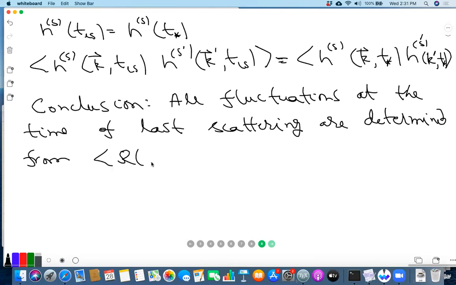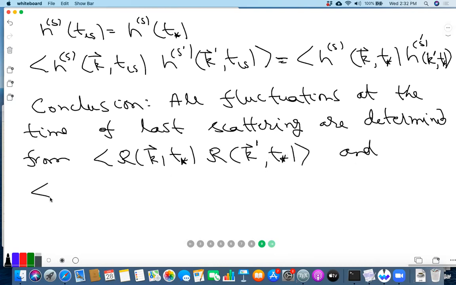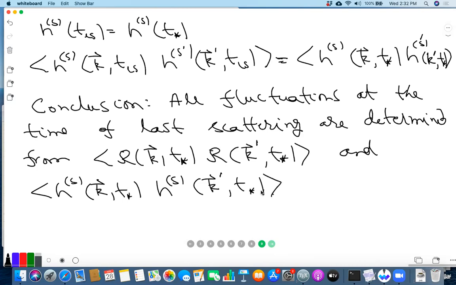One is R of k at t star, R of k prime at t star, and h_s of k at t star, h_s of k prime at t star. Is this clear? Are there questions? So these are calculated during inflation.